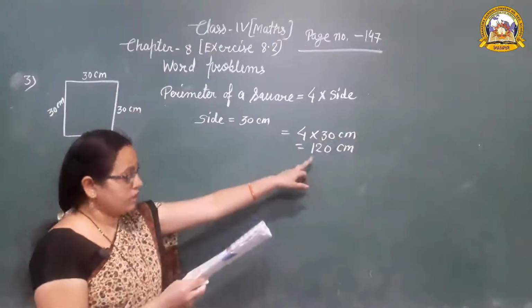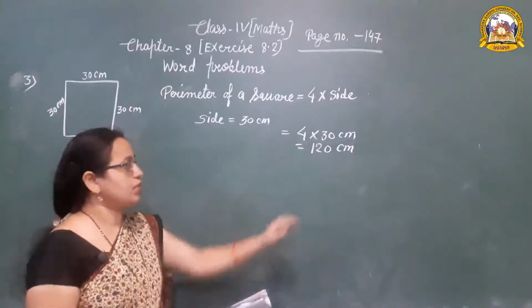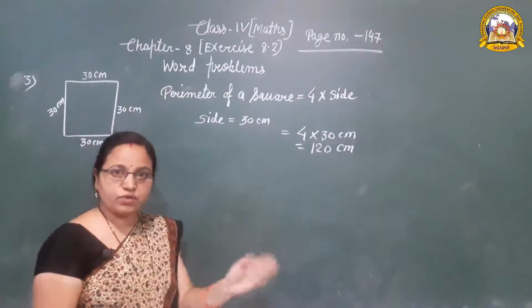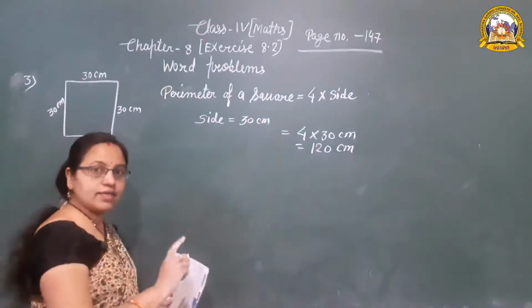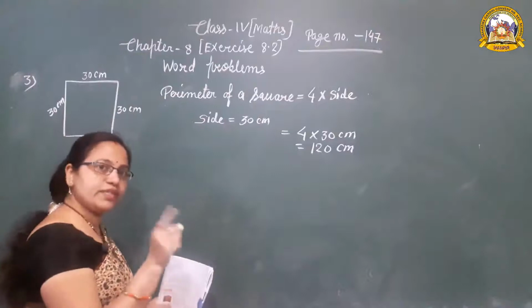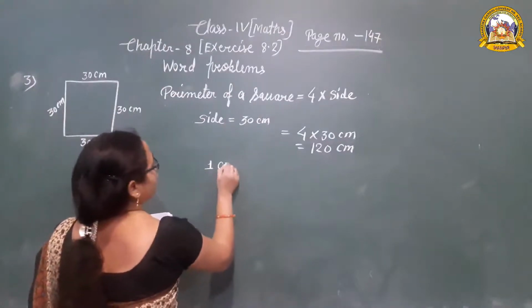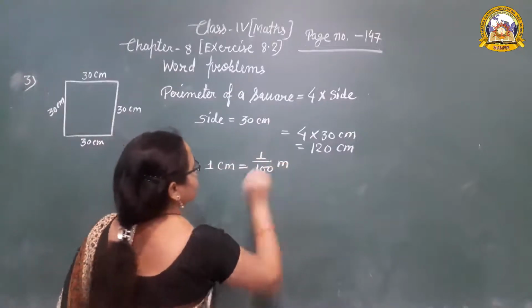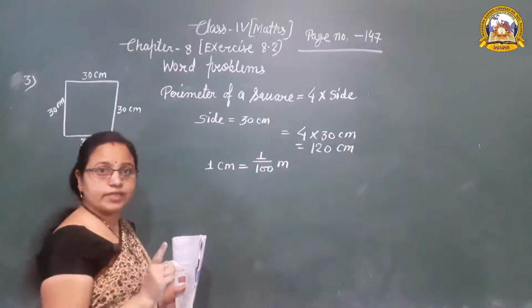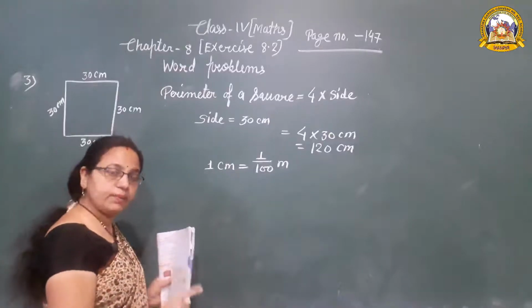Yes, now give this answer in meter and centimeter. It means we have to convert this answer into meter and centimeter both. We know that 1 meter is equal to 100 centimeter. So 1 centimeter is equal to 1 upon 100 meter.